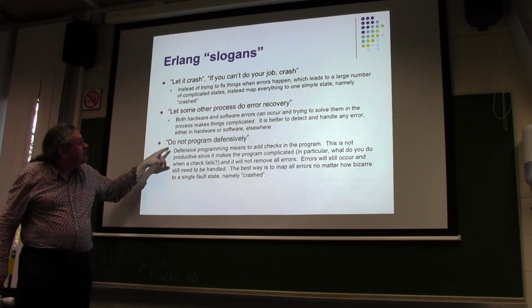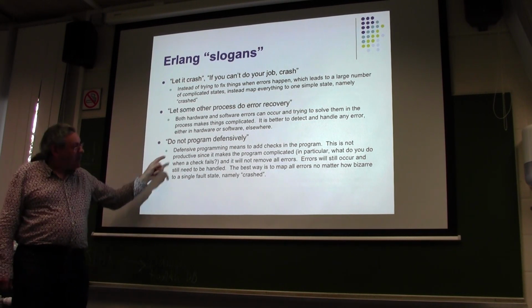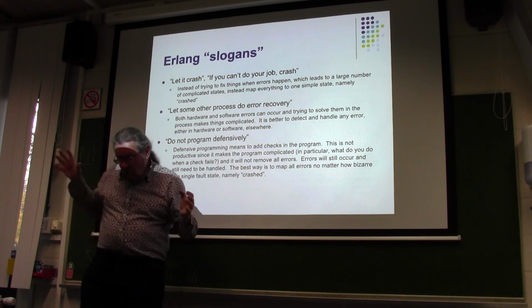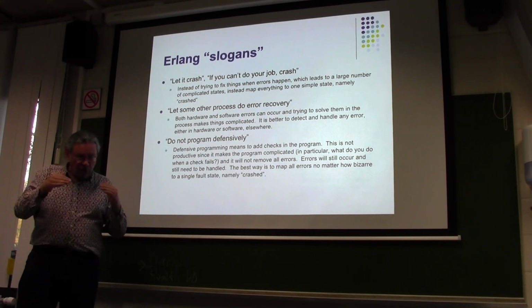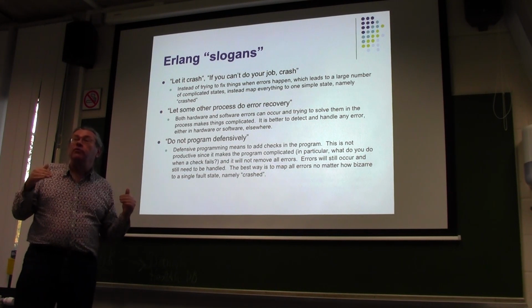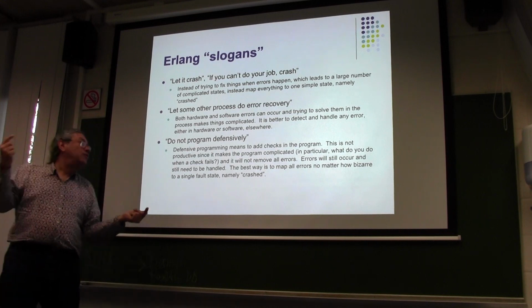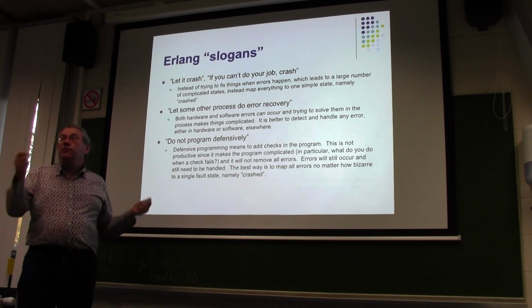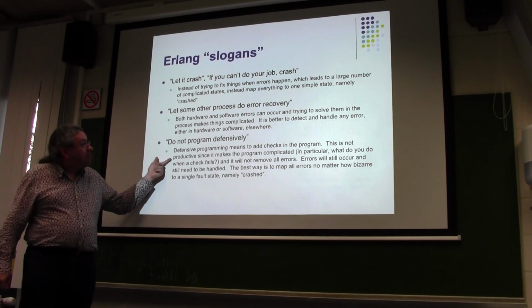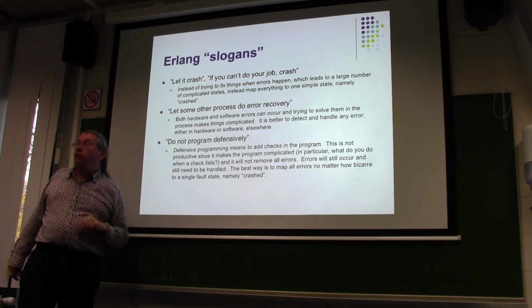A third principle is do not program defensively. Defensive programming is this whole thing where you're adding tests and checks. When you call a function, you check that the arguments are good. When you return something, you return a code to see whether it's good. There are checks everywhere, if statements, and checks and checks. This makes the program complicated, and of course it will not remove all errors.